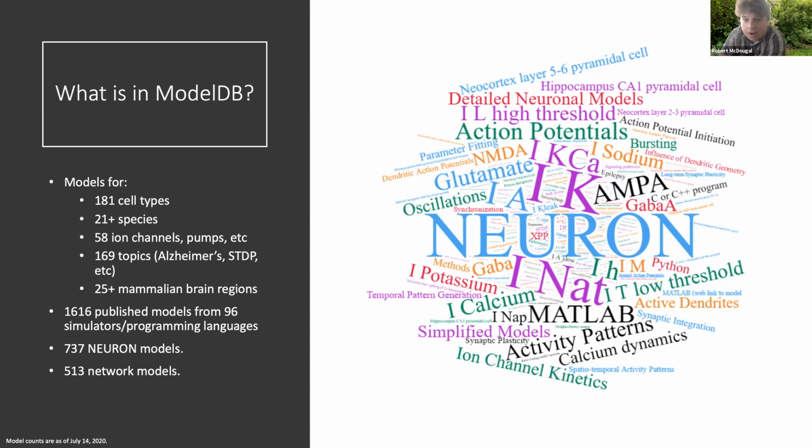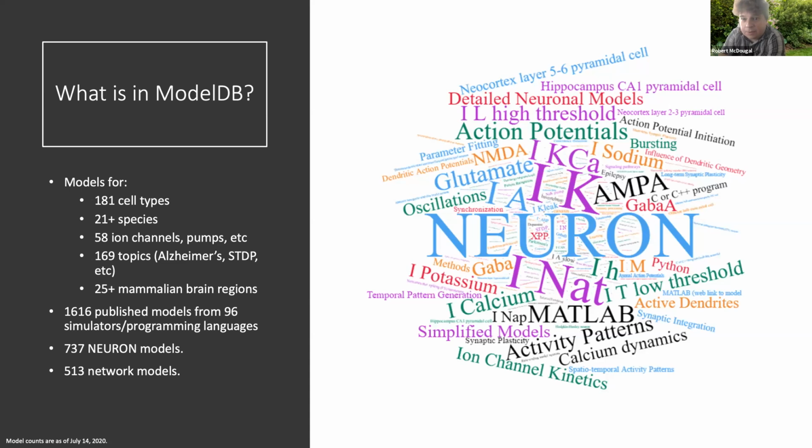These are disease topics like Alzheimer's or Parkinson's, and conceptual topics like spike time dependent plasticity, and more. Like I said, there's over 700 neuron models, over 500 network models.